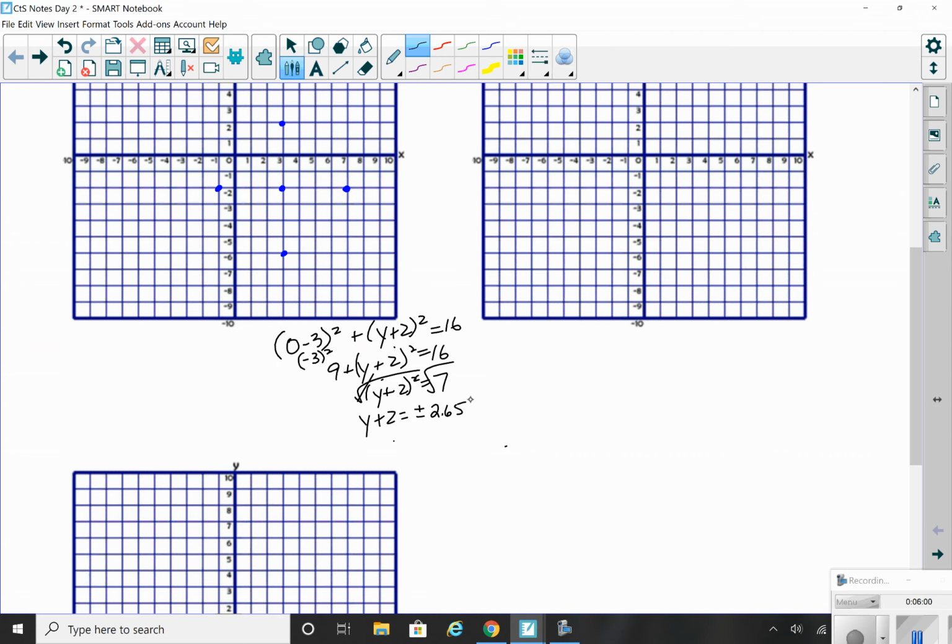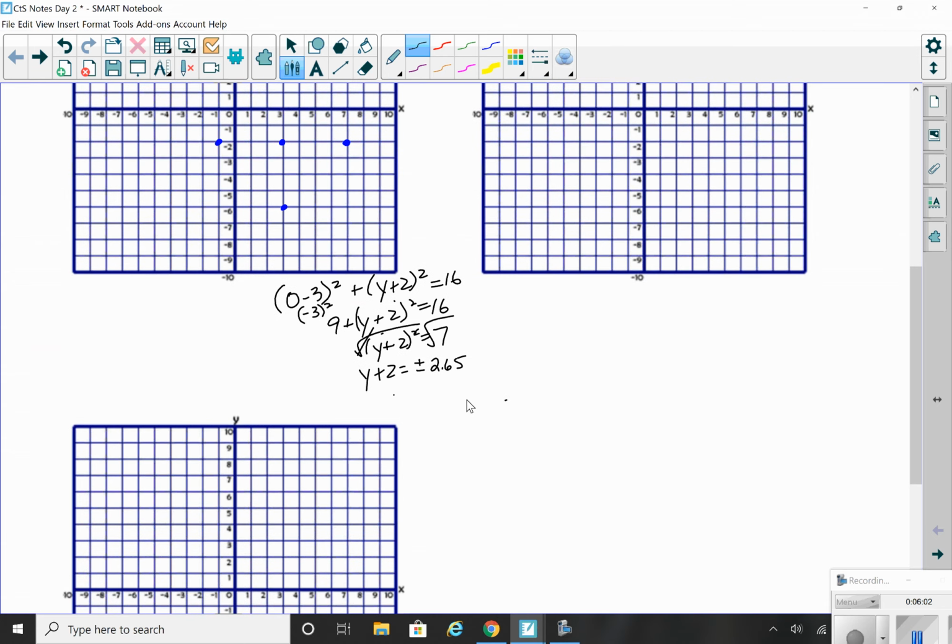Check for me. I want you to be aware, though, that you actually have two distinct solutions, two separate equations. You have y plus 2 equals 2.65, or y plus 2 equals negative 2.65. When you subtract 2 from both sides of each equation, on the left you get 2.65 minus 2, which is 0.65.